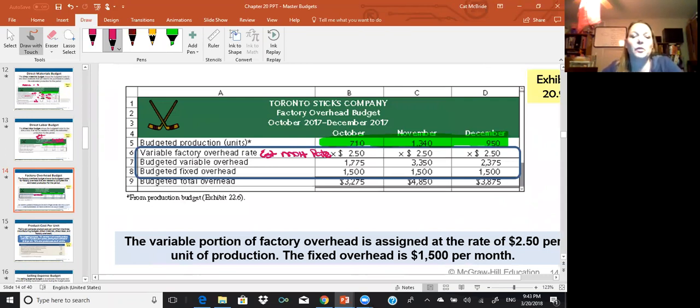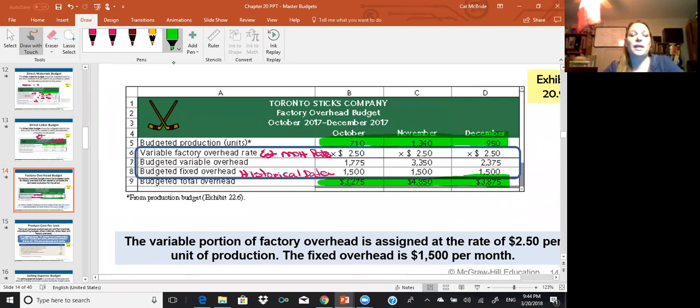Our budgeted fixed overhead is based on historical data. And that's how we get our total for budgeted overhead. So we have to use our estimated overhead rate for variable overhead, and then we do our budgeted fixed overhead based on historical data, and we're done. So the one that's really hard is production.